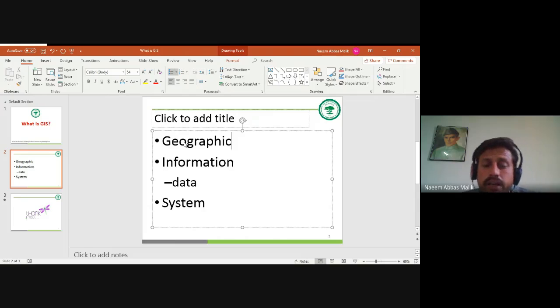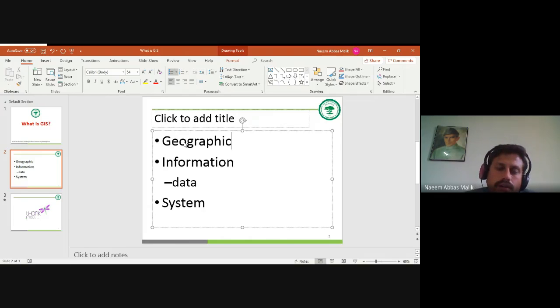So when we combine all these words, we get geographic information system. This system is different from other information systems in that it deals not only with non-spatial data, that is text, numeric, and so on, but also with geographic data.